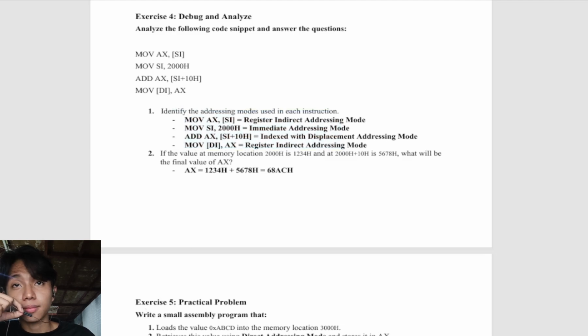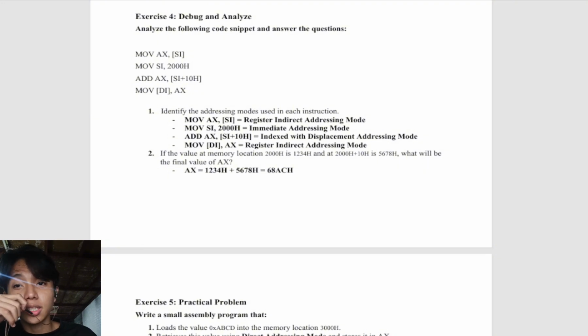Then the next one, MOV SI, 2000H, is called immediate addressing mode simply because the value is written directly. Number 3 is ADD AX, [SI + 10H]: SI plus displacement, where the displacement is 10H.